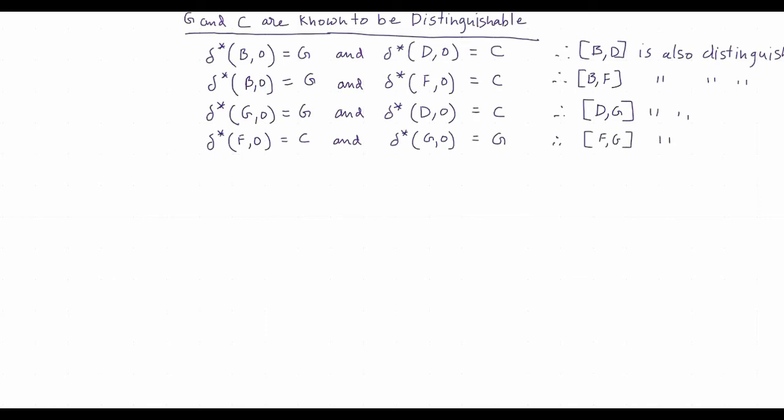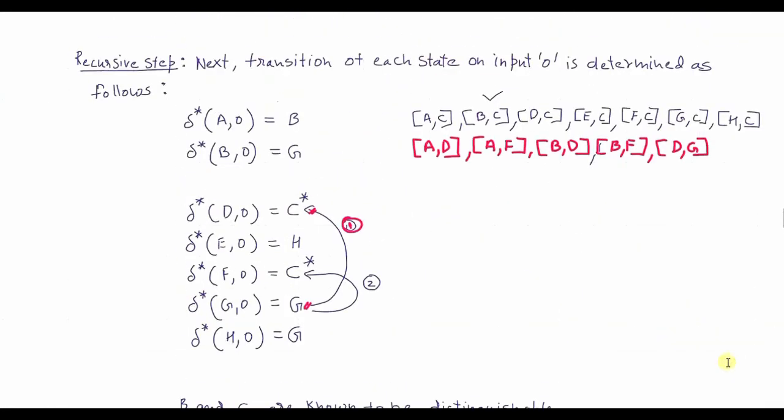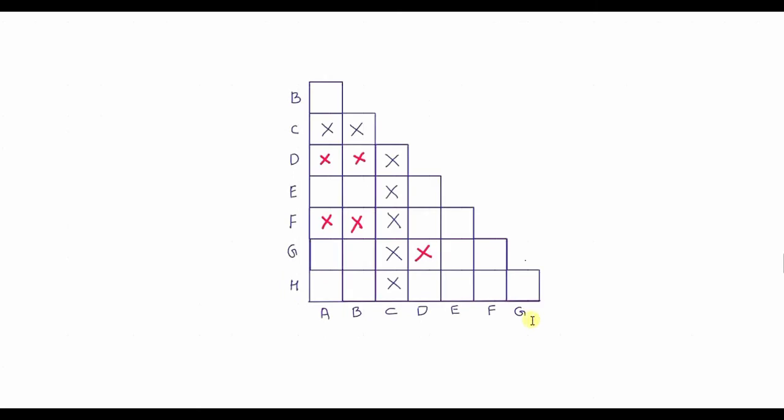So I will be adding a new pair, that is FG, to this list. Okay, FG or GF. And in the table I'll be marking F comma G.